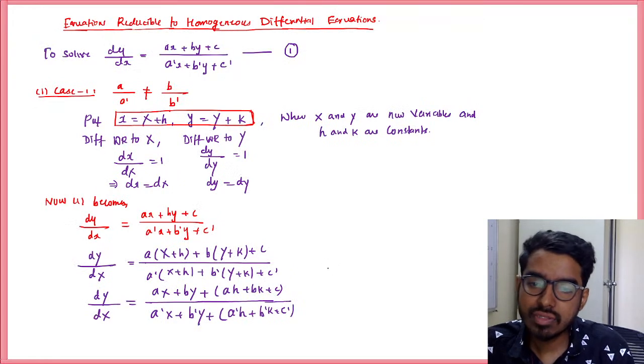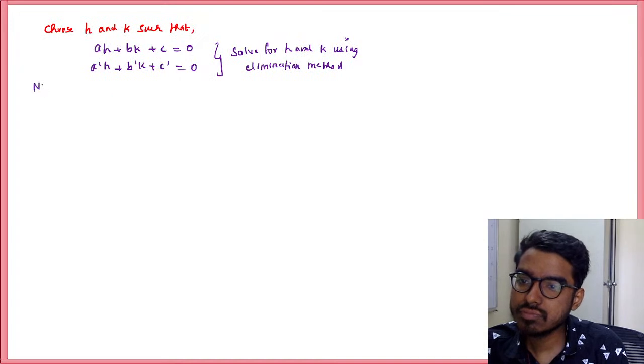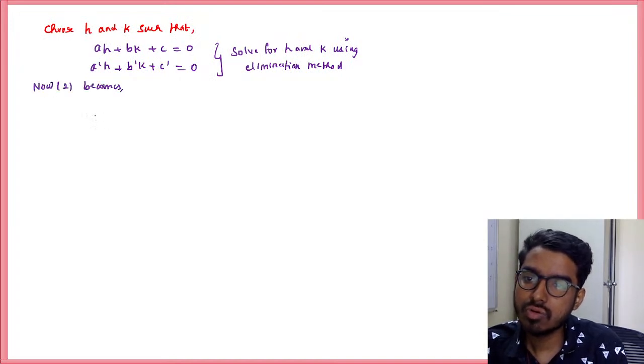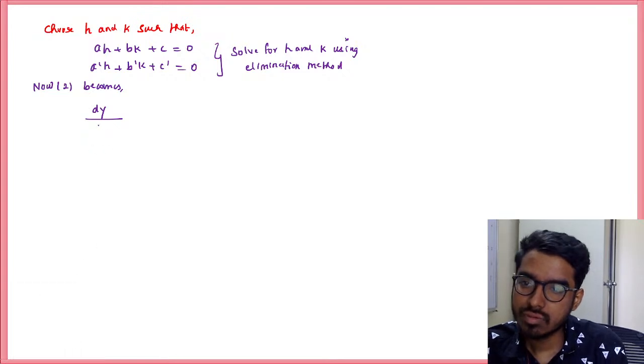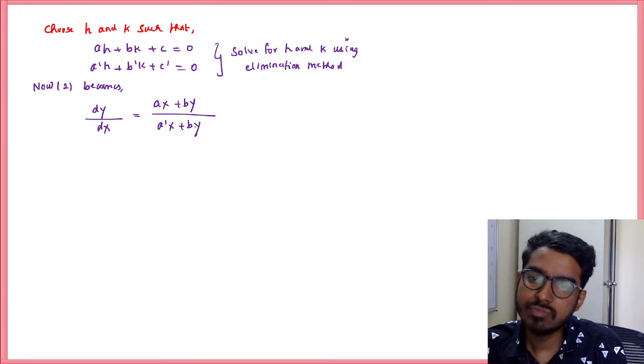Now this, let us call this as 2. Now 2 becomes capital dY by capital dX is equal to (aX plus bY) divided by (a dash X plus b dash Y).